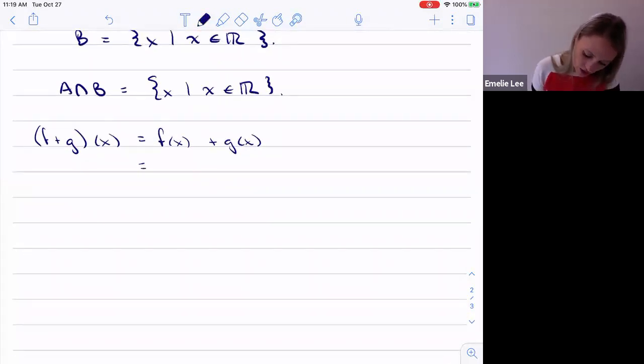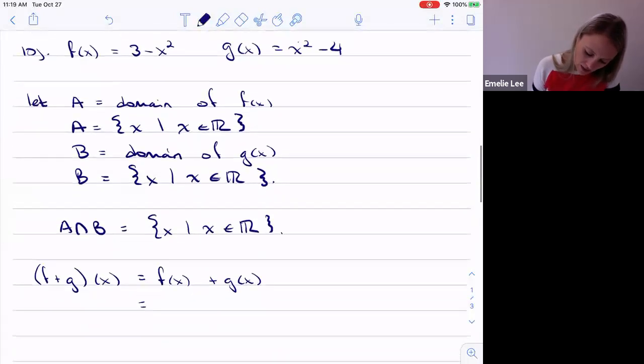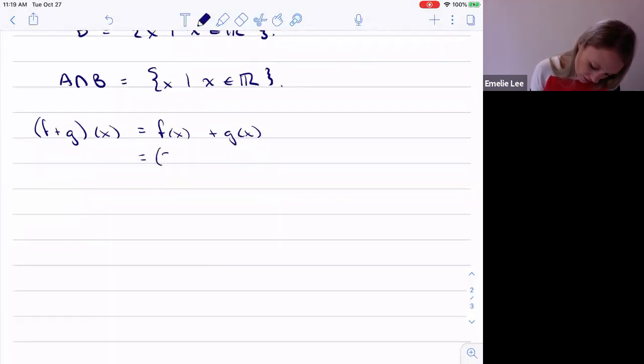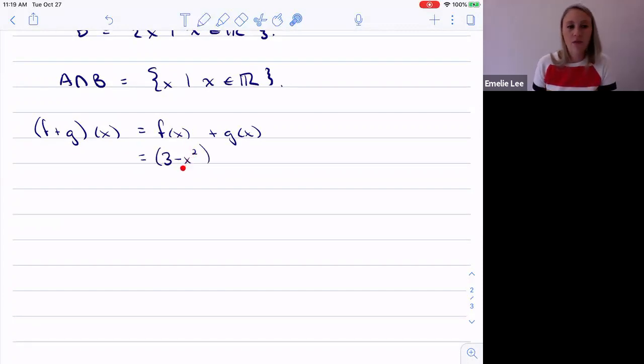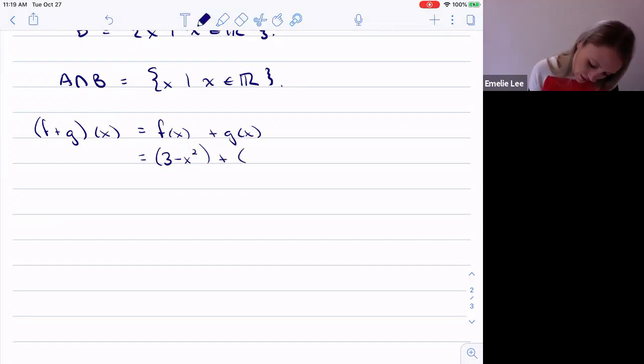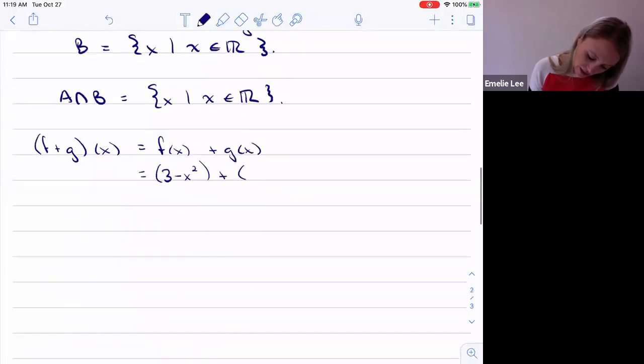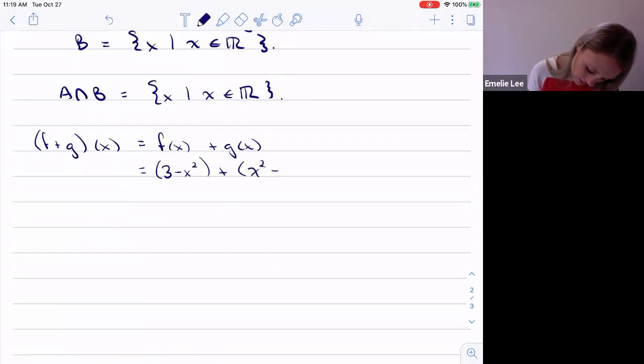So f of x plus g of x. f of x is 3 minus x squared, so 3 minus x squared, I'm going to put it in brackets because they're all from f of x, especially if I have g of x and there's negatives involved, and I don't want to get too messy here. g of x is x squared minus 4.